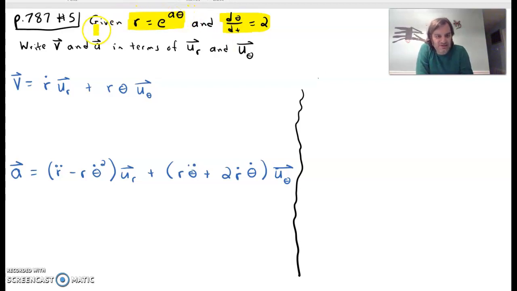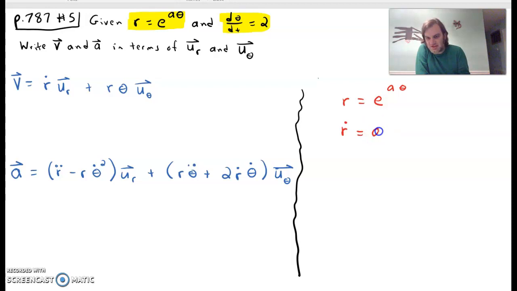But let's see here. The velocity vector requires us to have r prime. Okay, so let's come over to the side, and if we know that r is e to the a theta, then just a small little chain rule here.